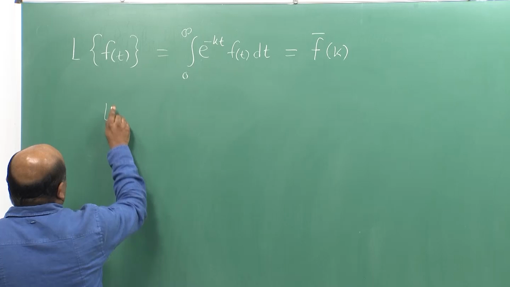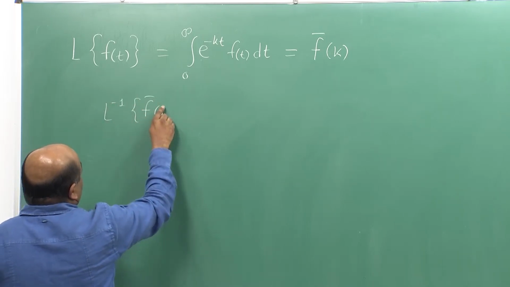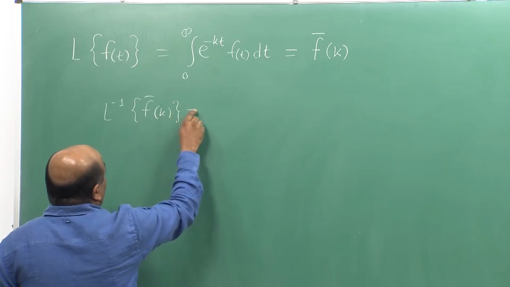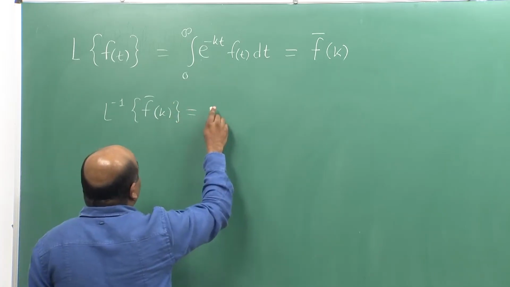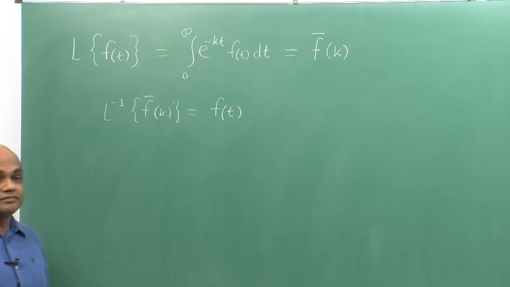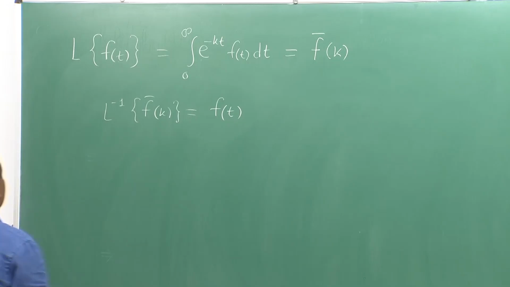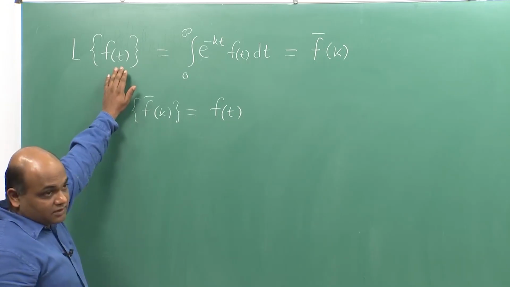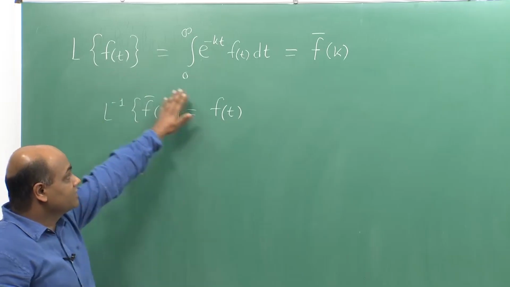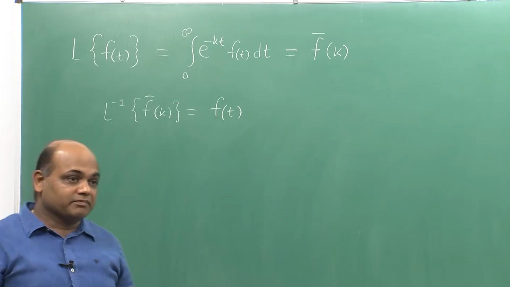We write L inverse of f bar of k is equal to f of t. So, basically the function which was initially a function of time, by taking the Laplace transform, we are making it independent of t.